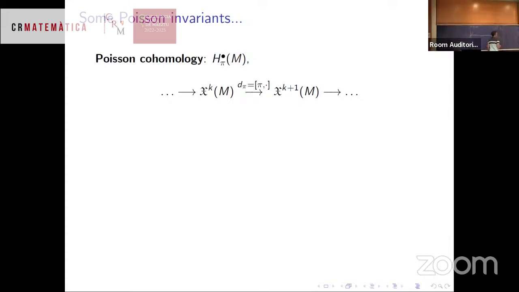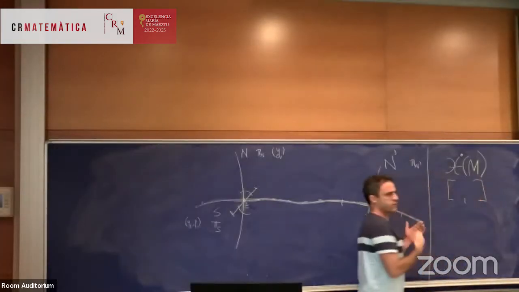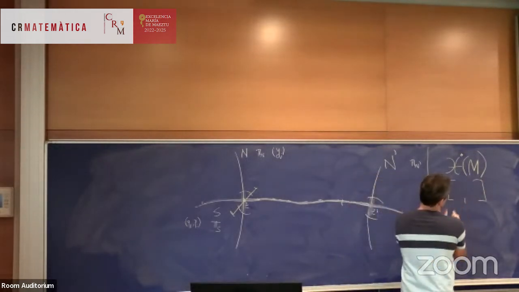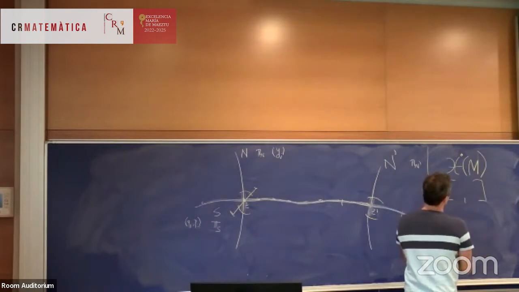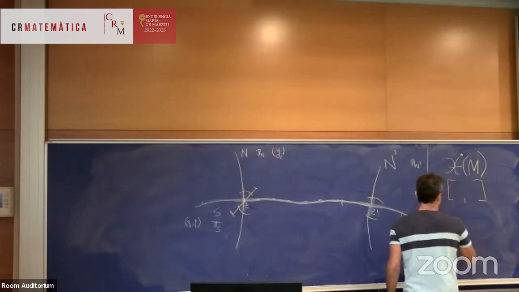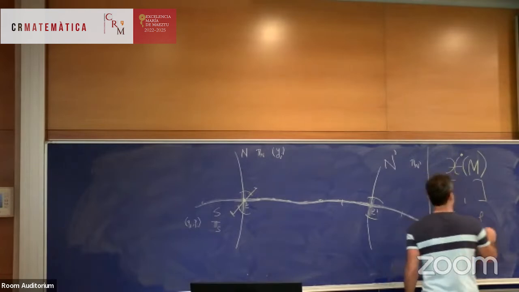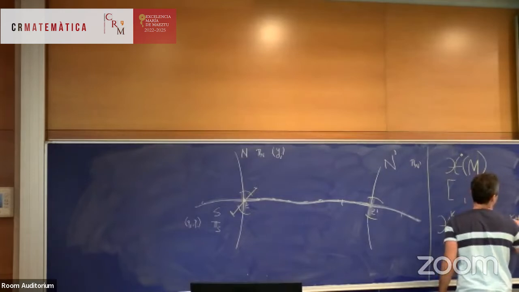I mentioned in the previous lecture that on multi-vector fields, you have a graded bracket, the Schouten bracket, that extends the usual commutator bracket of vector fields, and it has the property that it takes something of degree k and something of degree l and gives you something of degree k plus l minus 1.